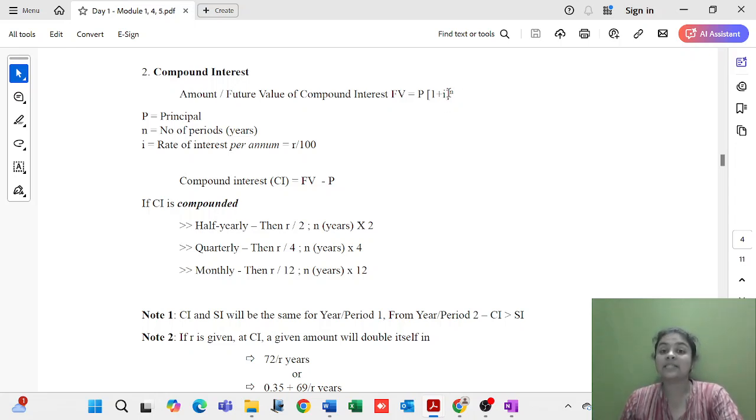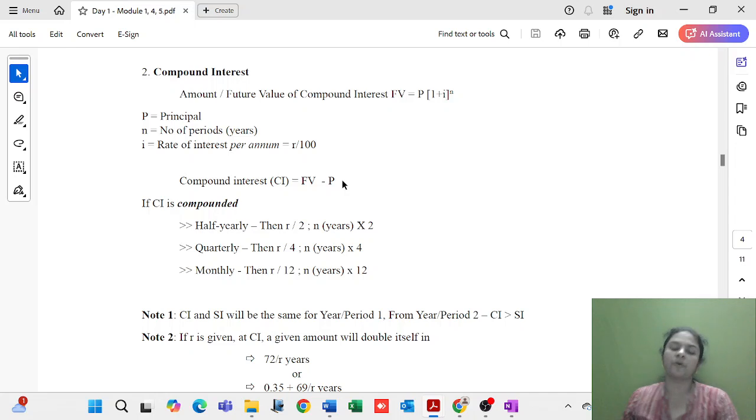And this formula gives us the future value or maturity value or amount. So to find out the compound interest from this, we are going to do future value minus principal, which is this amount minus principal. That will only give us the compound interest.